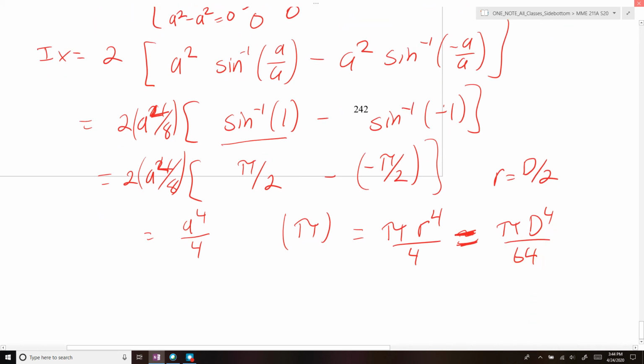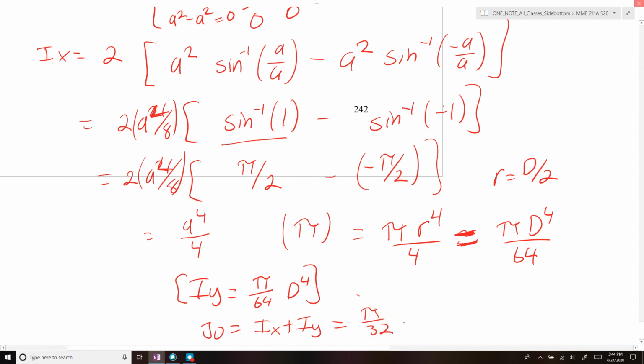Since this is symmetric about the x and y axes, Iy would also be pi over 64 d to the 4th. And since the polar moment of inertia J is equal to Ix plus Iy, it would be equal to pi over 32 d to the 4th.